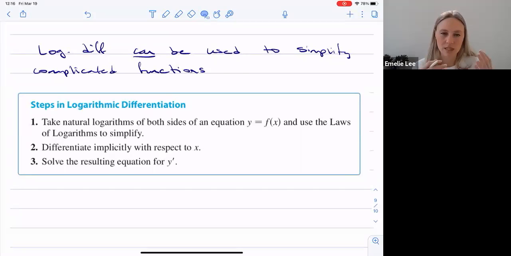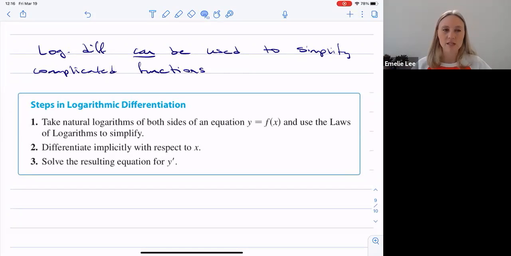But I don't want it to be your go-to if something kind of simpler would work, right? So if you see a big nasty equation, probably use logarithmic differentiation. And we'll talk about another case where you might have to use it to simplify.